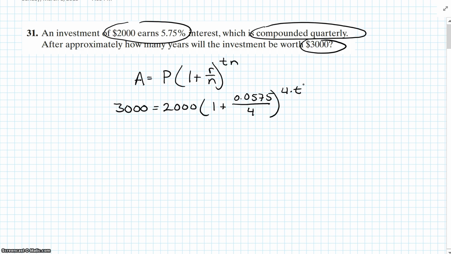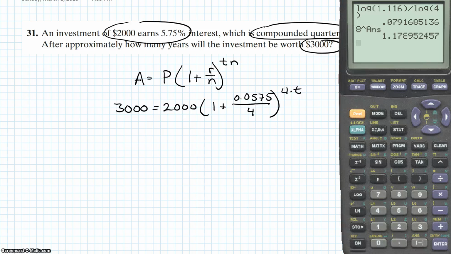Okay? So let's figure all this out. So 3,000 divided by 2,000 equals 1.5.